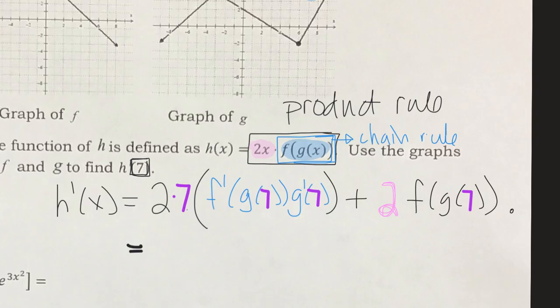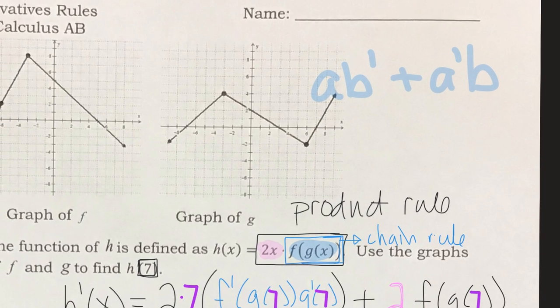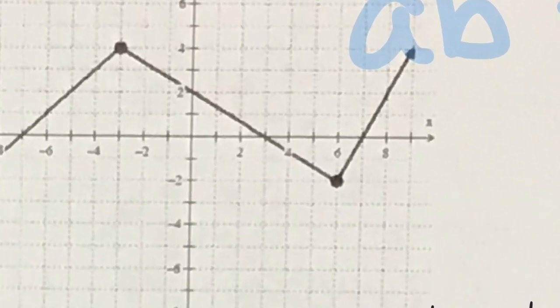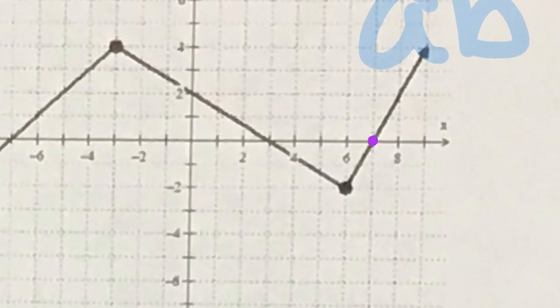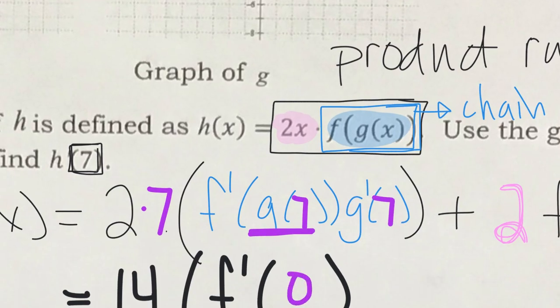Well, 2 times 7, that's 14. f prime of g of 7. To get this one, I need to go to my g function and figure out what my y value is. So when x is 7 over here, what is my y value? 0. So I'm going to plug in 0 right here.